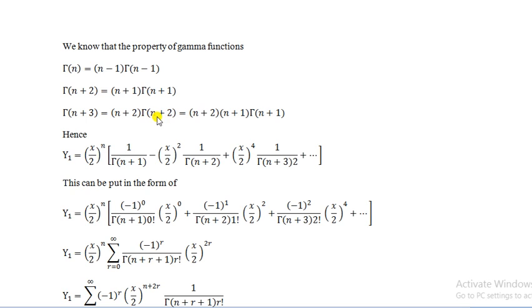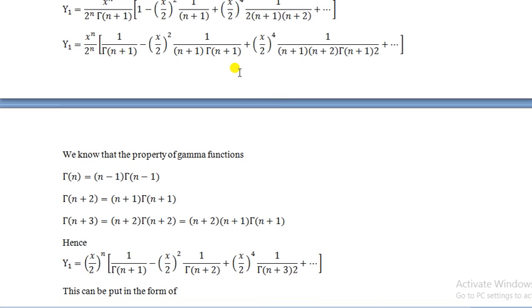So gamma of n plus 3 means you have to use the above result, (n plus 2)(n plus 1) gamma of n plus 1. So these are the three standard properties of the gamma function. So gamma of n is (n minus 1) gamma of n minus 1, gamma of n plus 2 is (n plus 1) gamma of n plus 1, and gamma of n plus 3 is (n plus 2)(n plus 1) gamma of n plus 1.